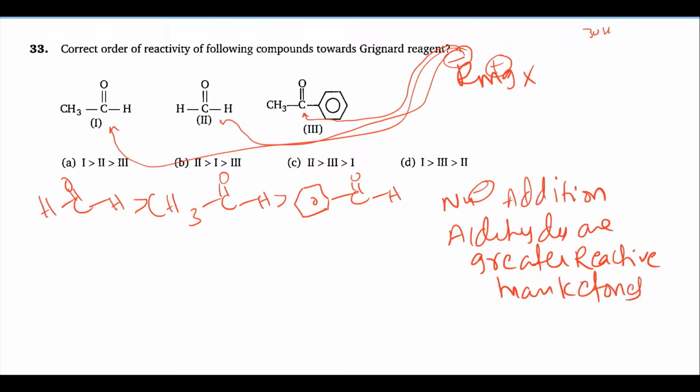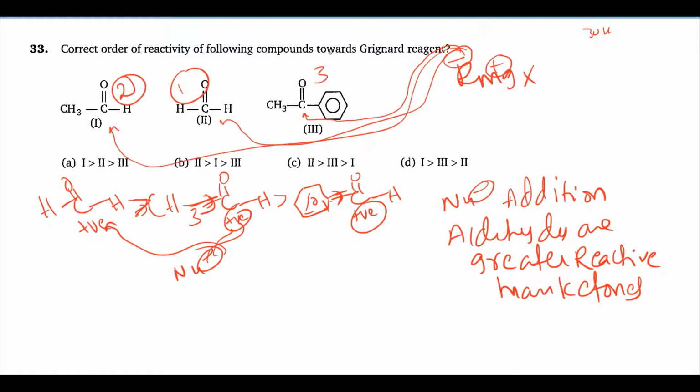Now, as you can see, this is the nucleophile. The greater the positive charge, the greater the reactivity. Here, due to the electron releasing group, the positive charge will be less. Here the ring acts like an electron releasing group, so the positive charge is less here also. So in which case is reactivity greater? First formaldehyde, after that acetaldehyde, after that acetophenone.